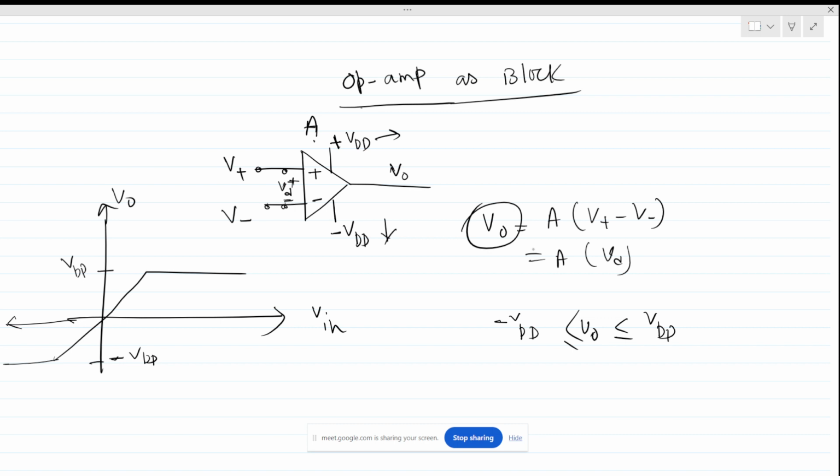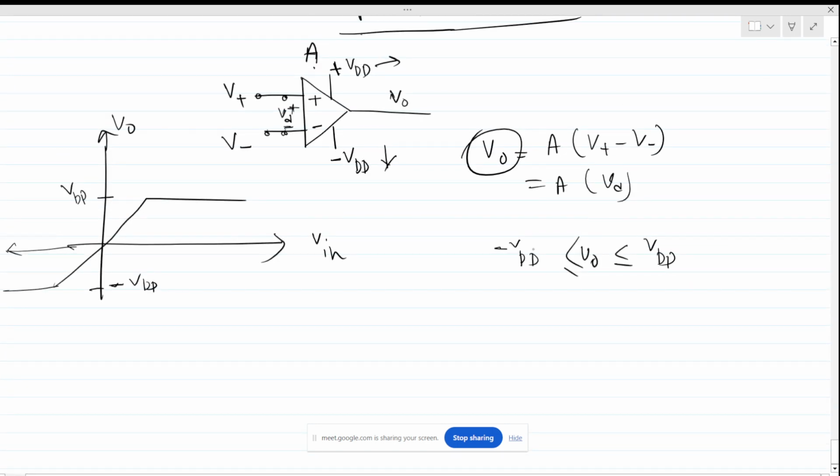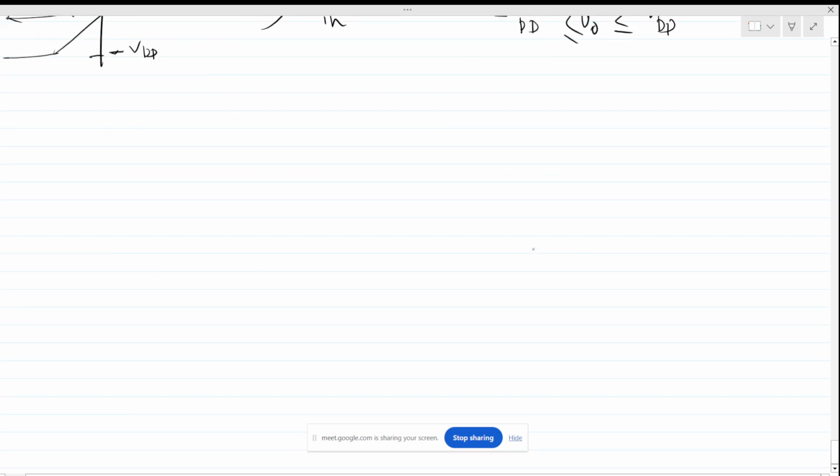Now, what is the input impedance, output impedance, and equivalent model of an op amp? An op amp is nothing but a voltage controlled voltage source. The voltage controlled voltage source looks like this, and this is a dependent source. So this is the ideal model.